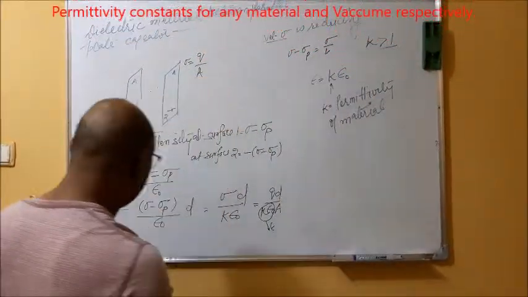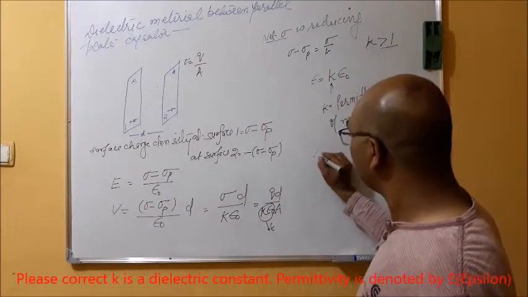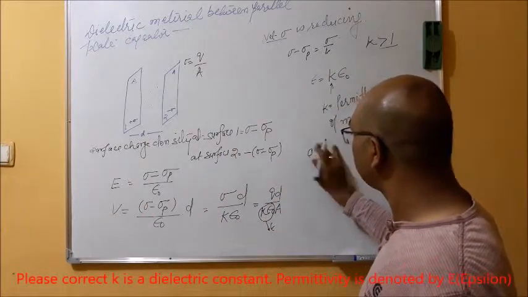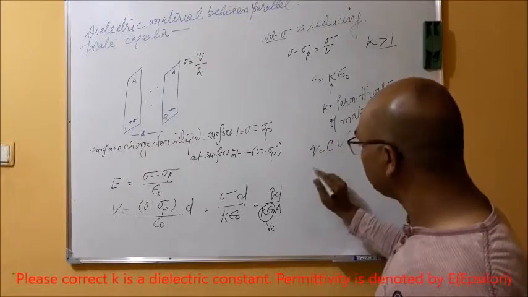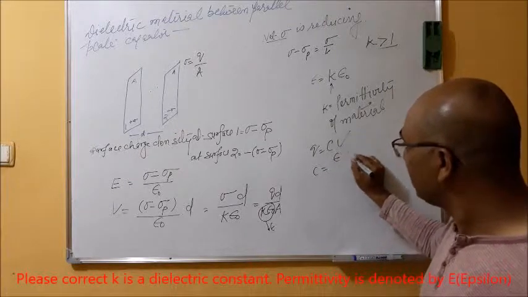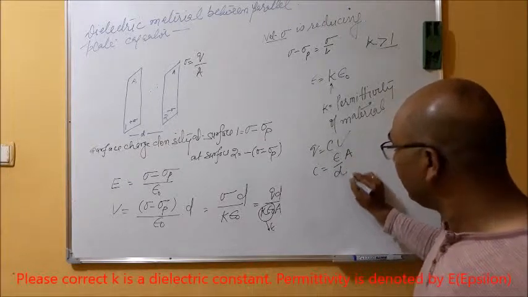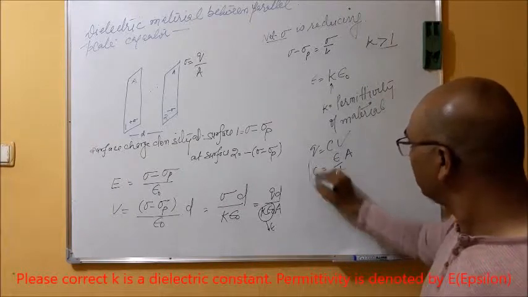And you see here, again, what is the value of C? Q is given by CV. So if you see this formula, again you will say C is epsilon A upon d, where epsilon is k times epsilon naught.